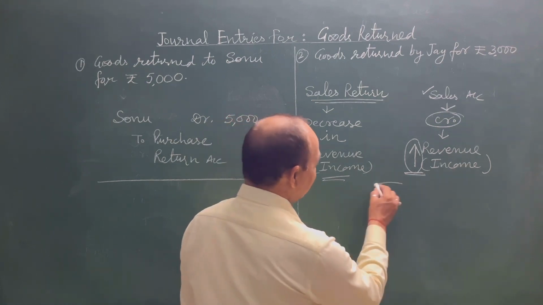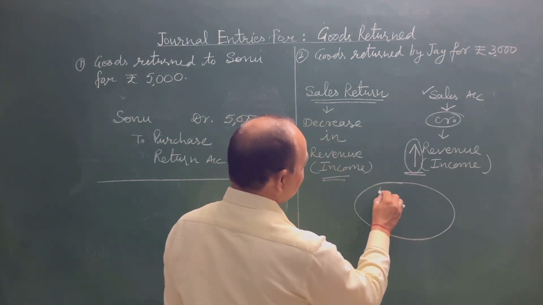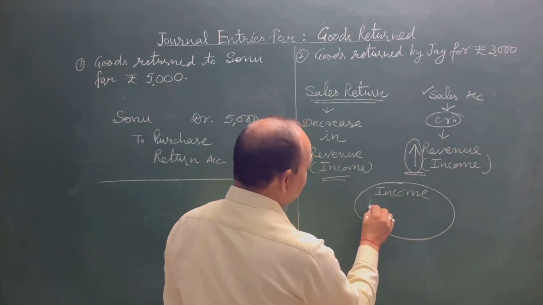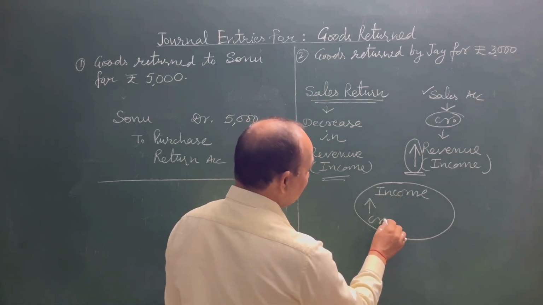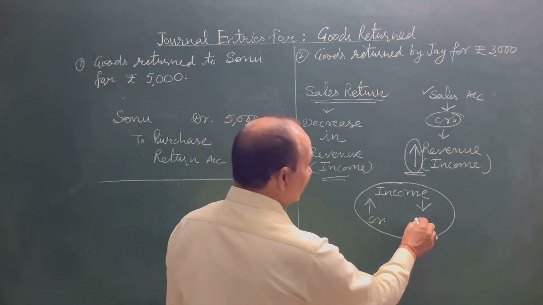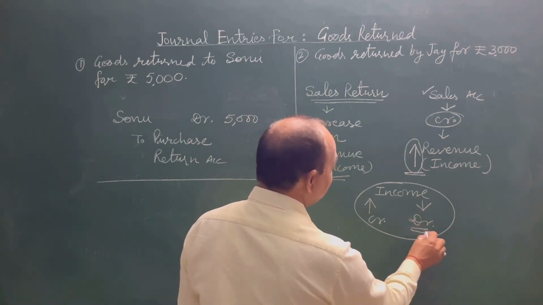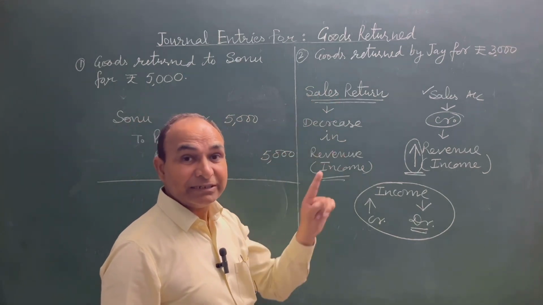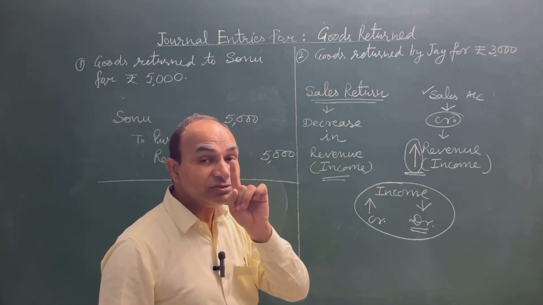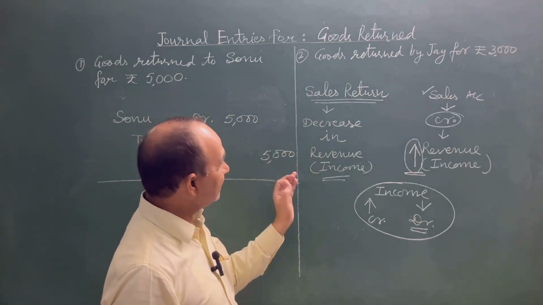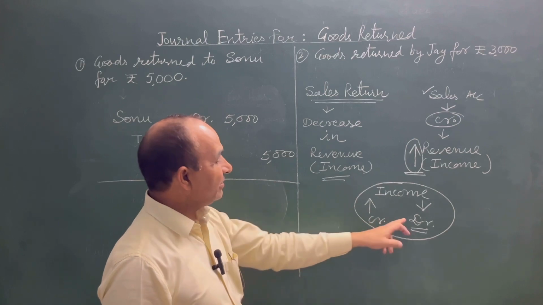I write it here for better understanding. What is the rule applicable to income and revenue? Increase in income and revenue is credited, and decrease in income and revenue is debited. And here income is decreasing on account of goods returned by the customer J. So sales return account is debited, friends.